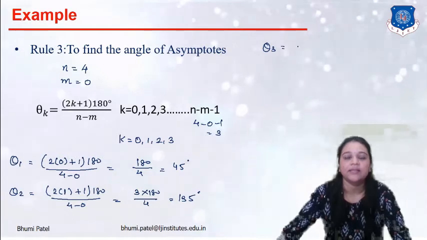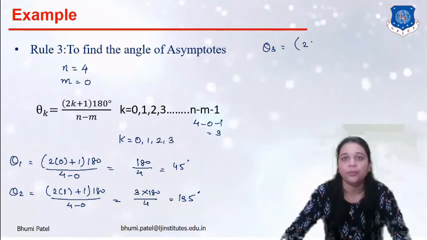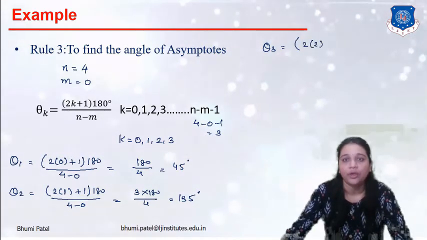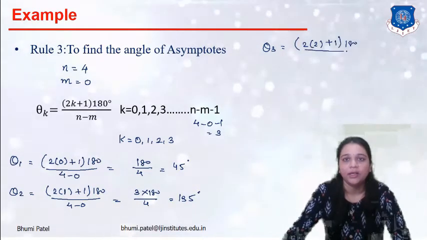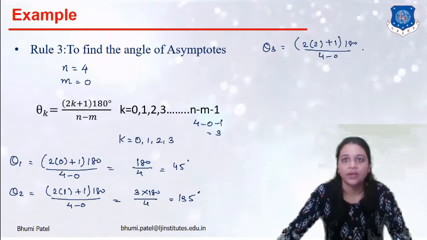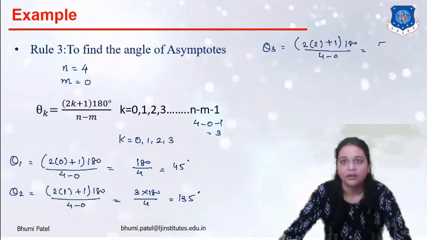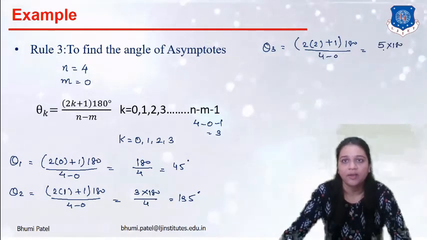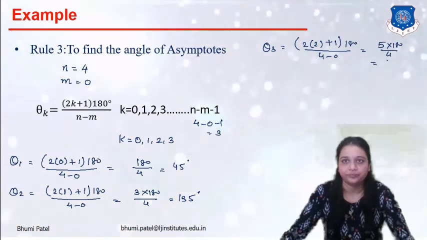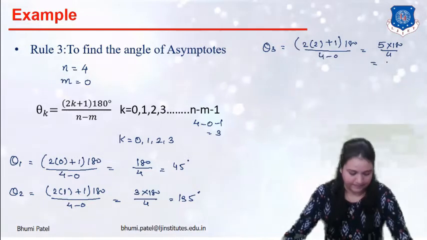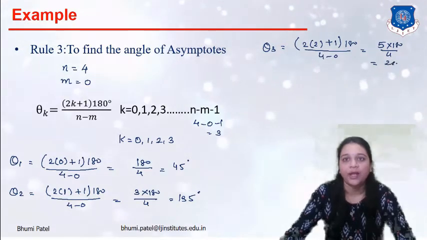So theta 3 is equal to (2 × 2 + 1) × 180 / (4 − 0), putting k is equal to 2, that means 5 × 180 / 4, and we can get the angle 225.